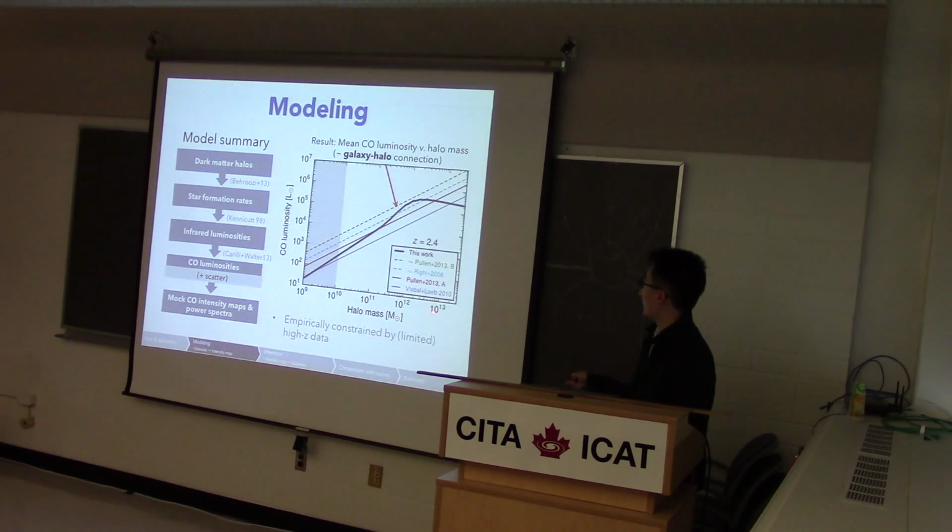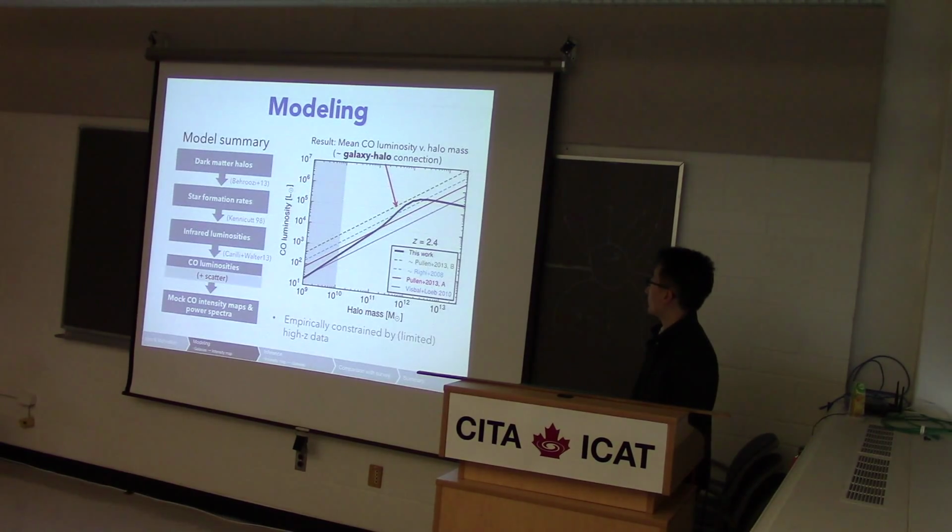So the net effect of this model is something like this. What I'm plotting here is CO luminosity versus halo mass. So this is essentially the galaxy halo connection, but for CO luminosity. So what goes in is on the x-axis. What comes out is on the y-axis. And this black line here is the mean relation that we use. The colored lines show previous relations in the literature. And you can see we're broadly consistent with previous models that have come before.